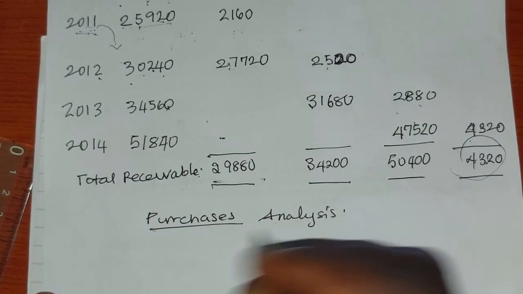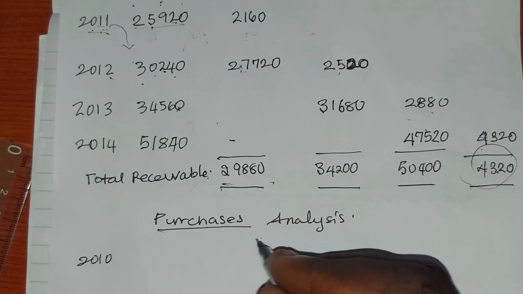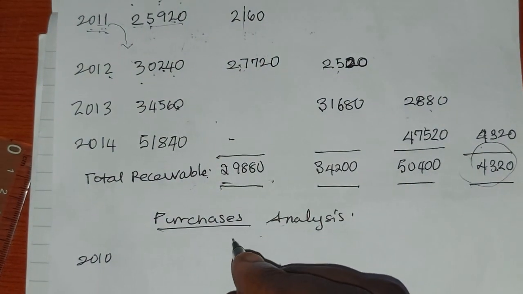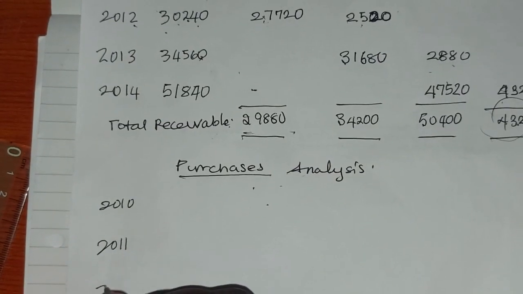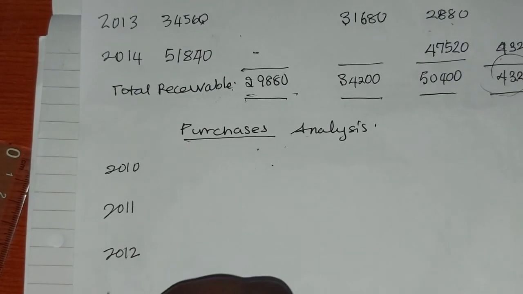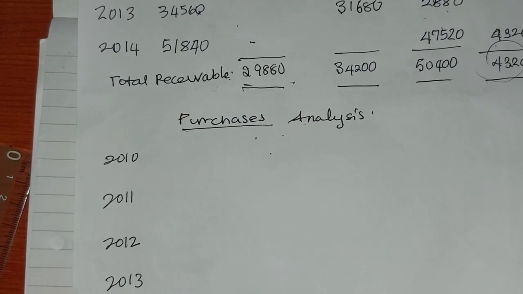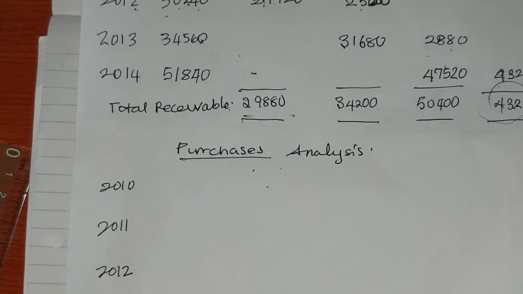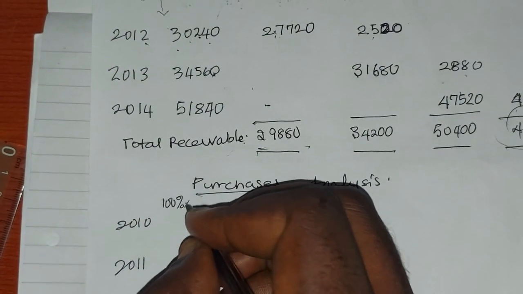So we have purchases analysis. So we start from 2010. So I'll use this 2010, 2011, 2012, 2013, then we have 2014. Okay, so we have the 100% multiplied by 12.